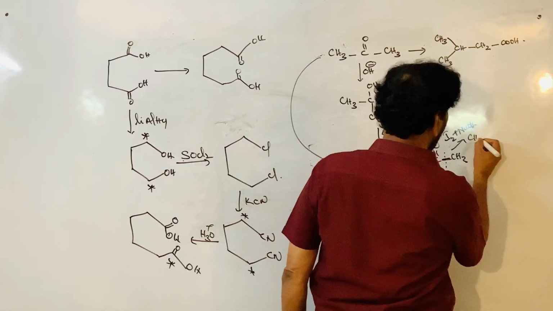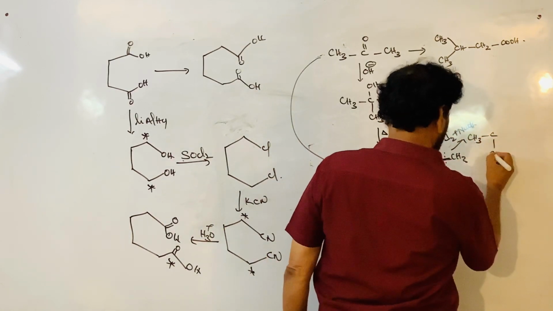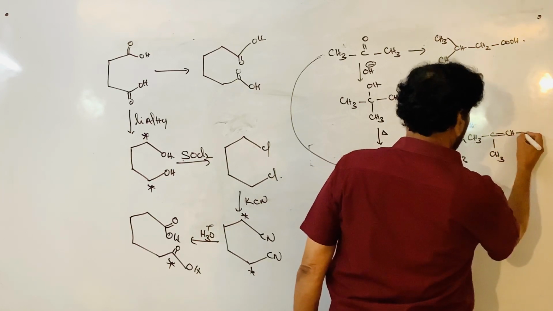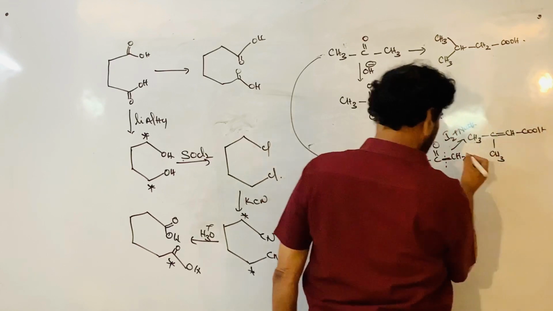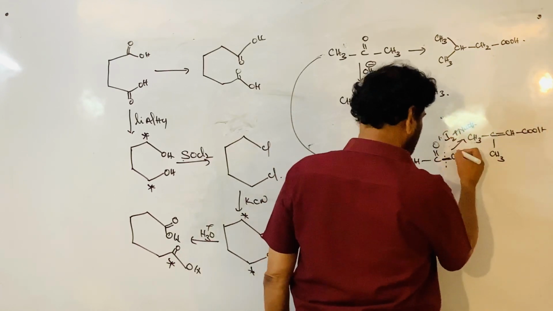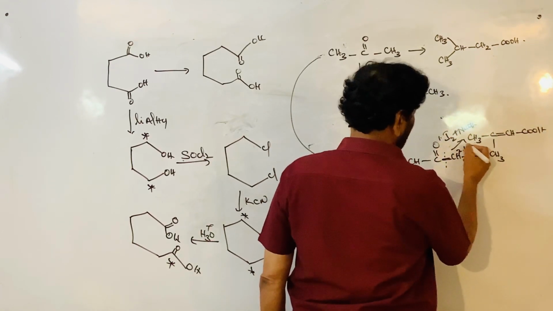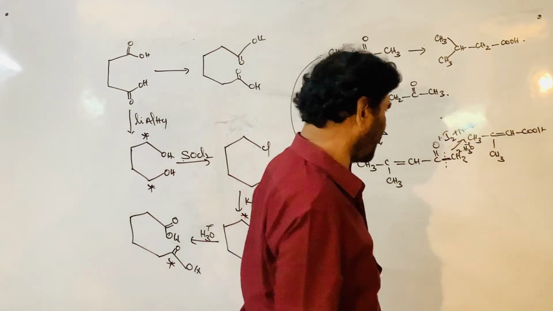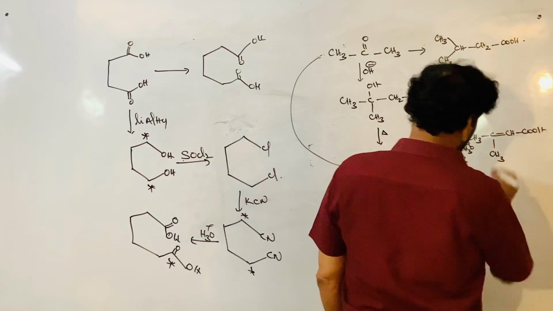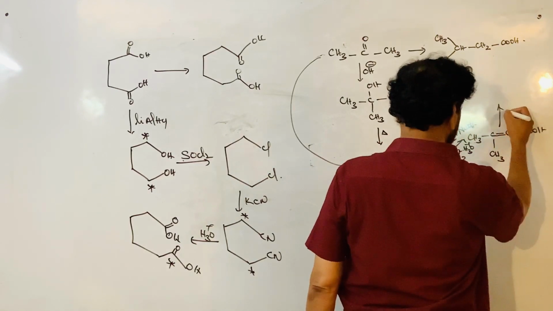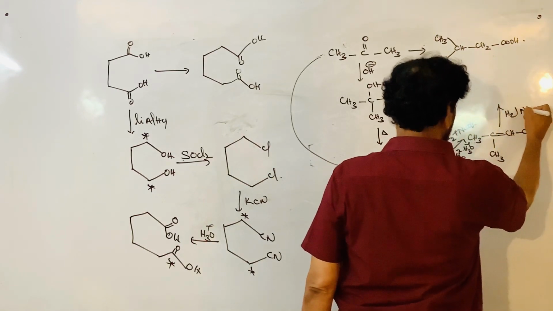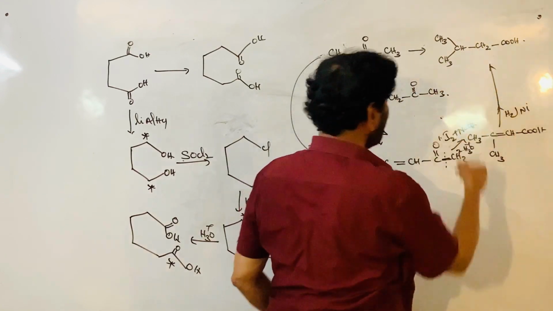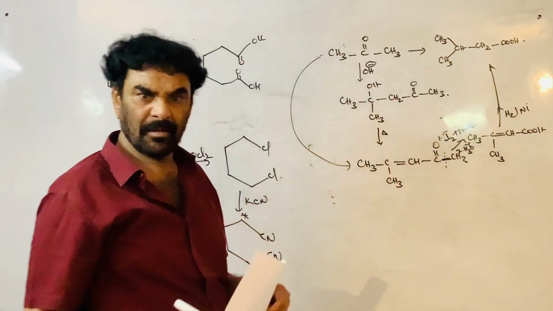Instead of the salt, I am writing the carboxylic acid directly, followed by H3O plus. Now treat with hydrogen in the presence of nickel, so the double bond is hydrogenated and that compound is formed. Over.